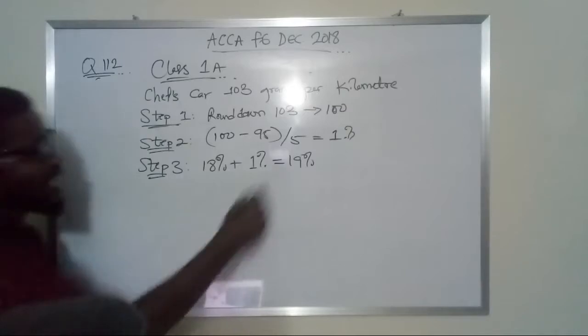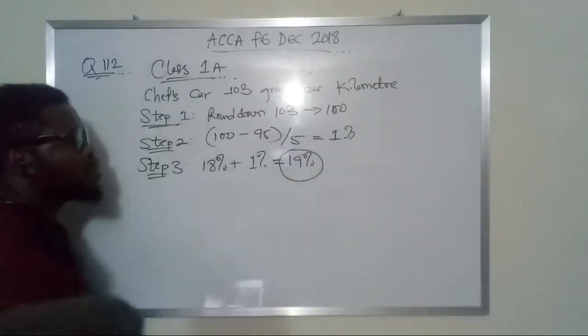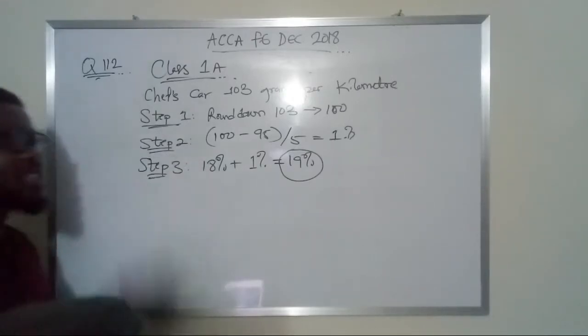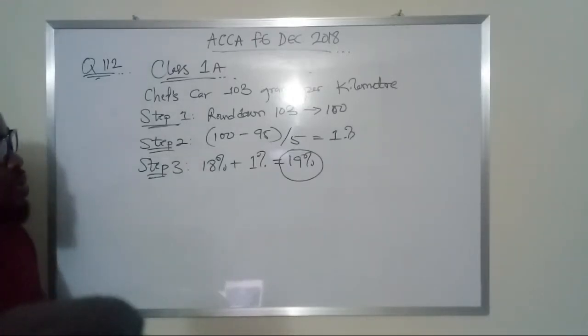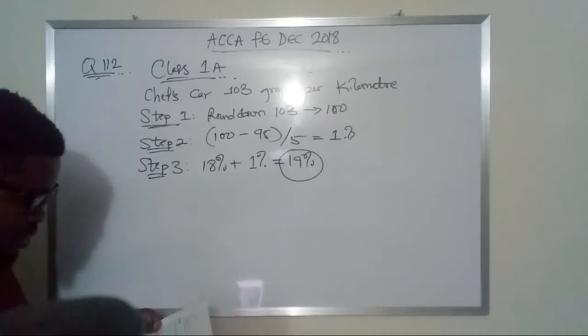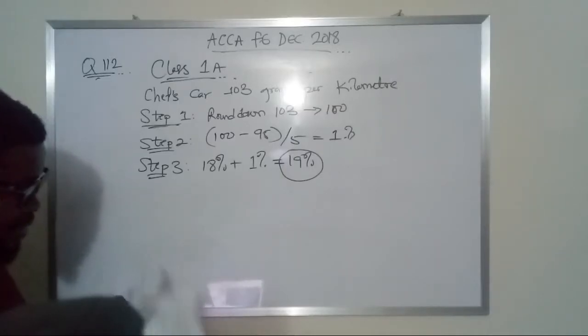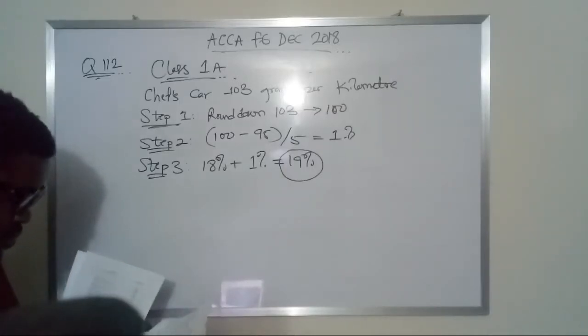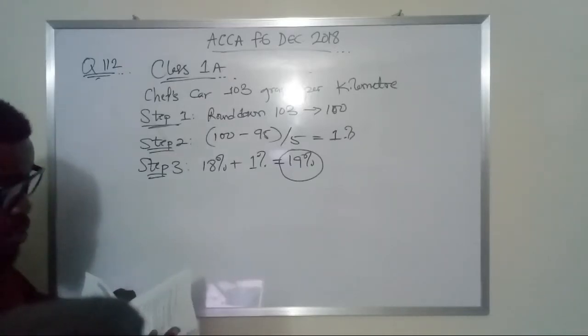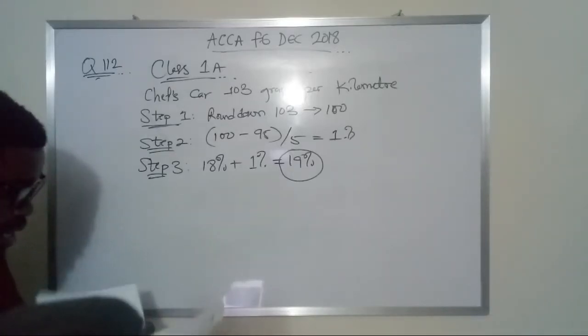Now, this 19% is what you use against the list price for the benefit that would be taxable in regards to the chef. So what is the cost? From the question, it says that the list price of the motor car is the same as its cost.